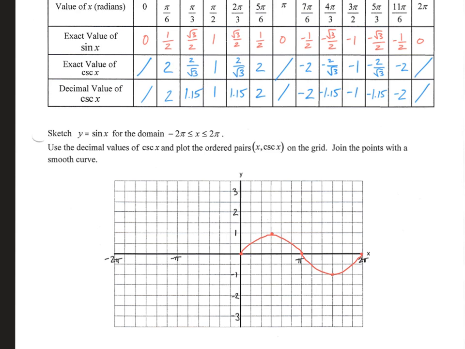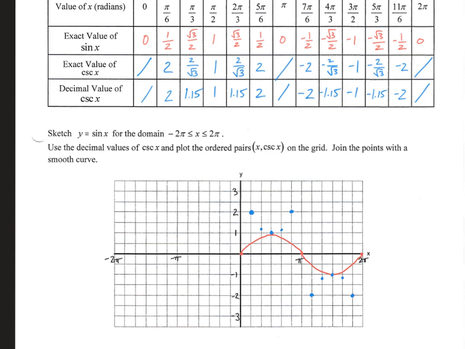Okay, so we're back. As we went through, hopefully we were able to say at pi by 6, we have a point at 2. At pi by 3, I'm 1 and a bit. I'm 1 and a bit, 2, -2, -1 and a bit, and so on and so on.